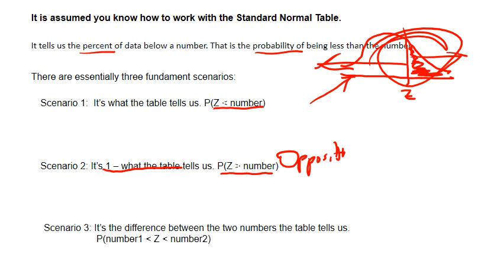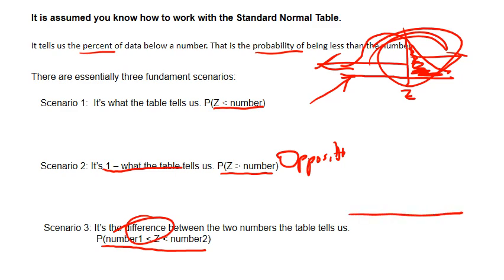Scenario 3. The difference between the two numbers in the table tells us, right? The probability of being between the numbers is the difference between the two numbers in the table. I kind of messed that up, but got it? If I'm looking for the probability of being between the two numbers, it's the difference between the two numbers in the table.